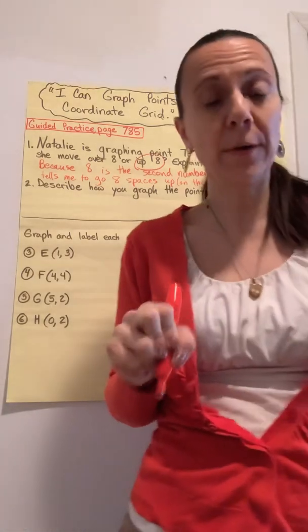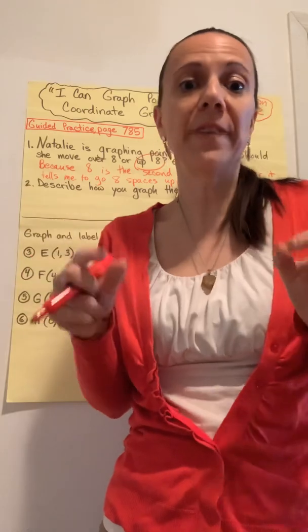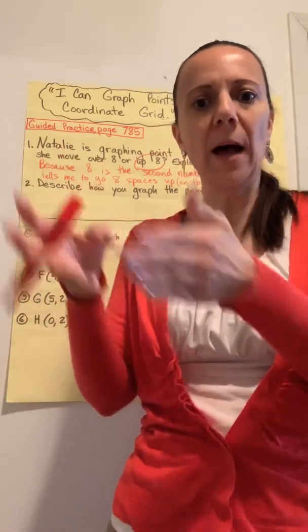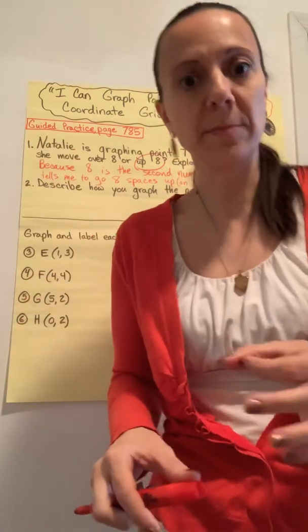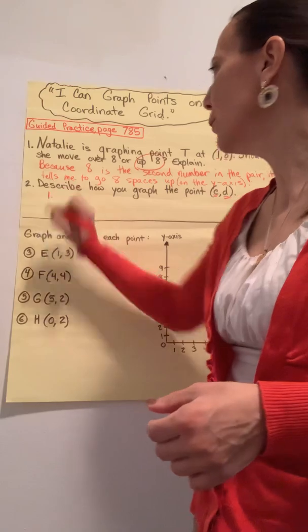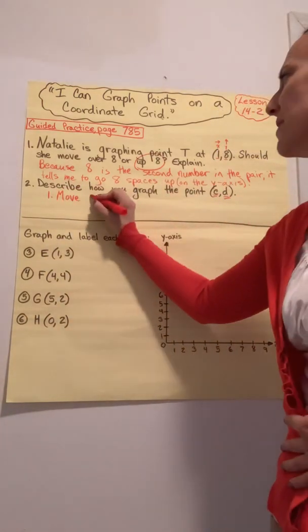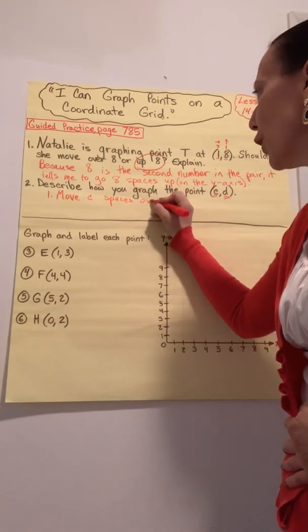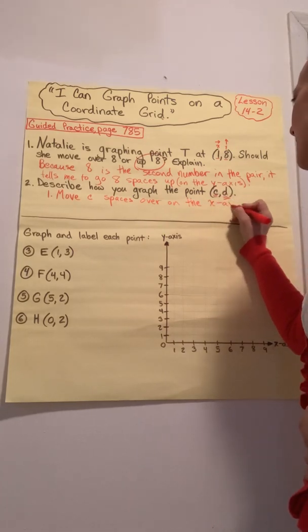Notice they're using variables now, getting you ready for algebra. CD, using two-letter variables, just means it doesn't matter which number it is. Any number, comma, any number is an ordered pair. And I always follow the same steps. The first thing I would do is move, whatever that number is, C spaces over on the x-axis.